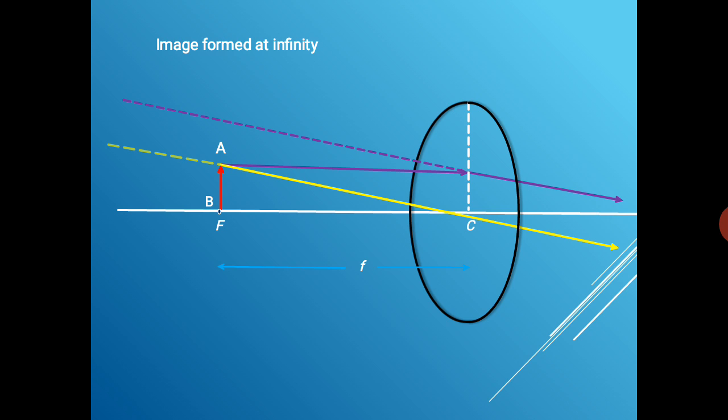The other incident light which passes through the optical center also is extended in the backward direction, but these two rays do not meet. We say that these two rays meet at infinity and thus the image is formed at infinity. So these are the two diagrams of convex lens working as a simple microscope.